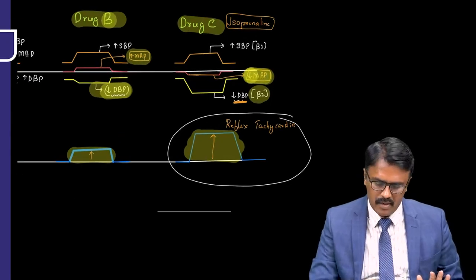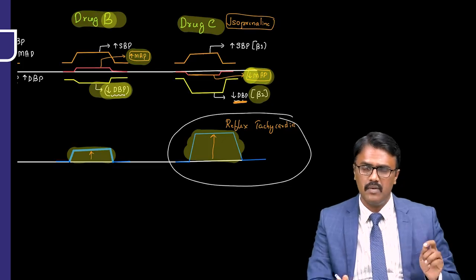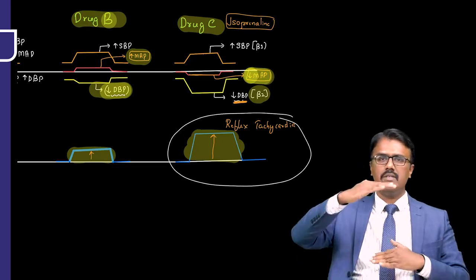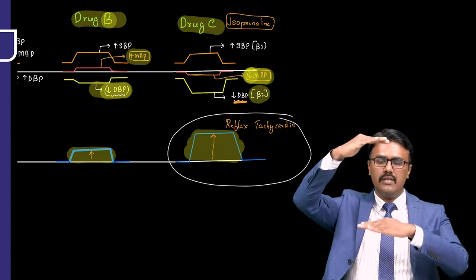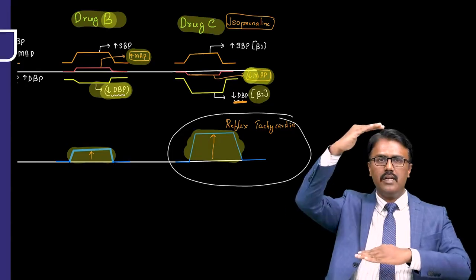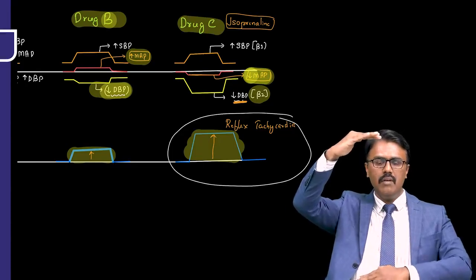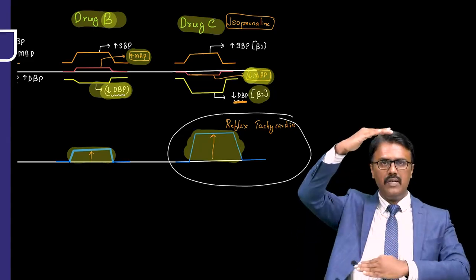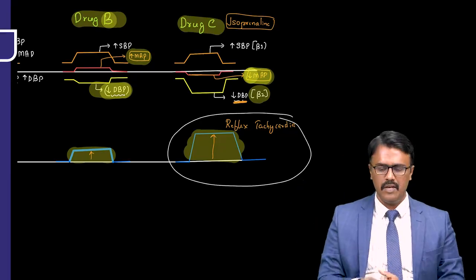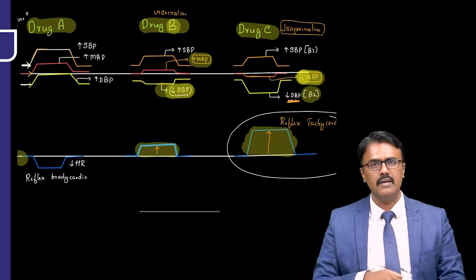Now, another important point, there is something called pulse pressure. What is pulse pressure? This is systolic, this is diastolic. If the systolic increases and diastolic falls, the pulse pressure, the difference, increases. Now tell me, among these three, who increases the pulse pressure more? Pause the video and tell me.